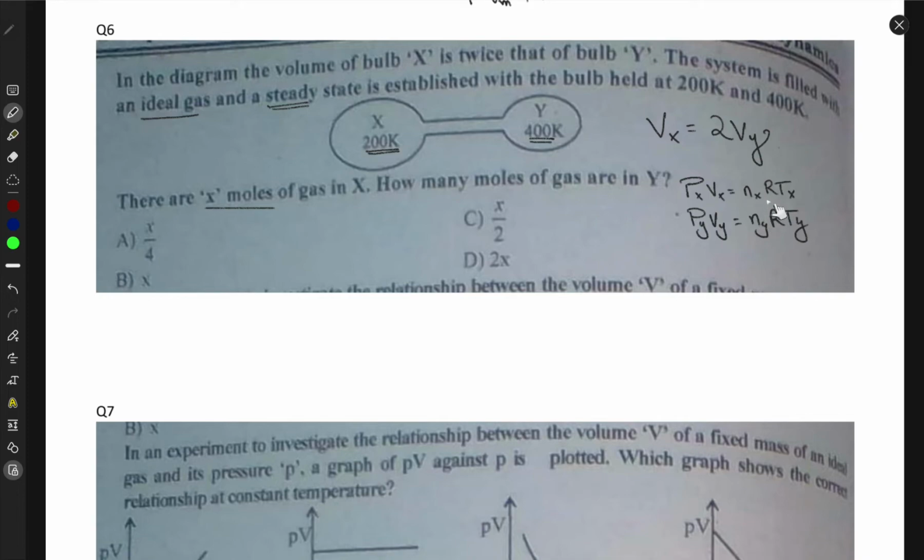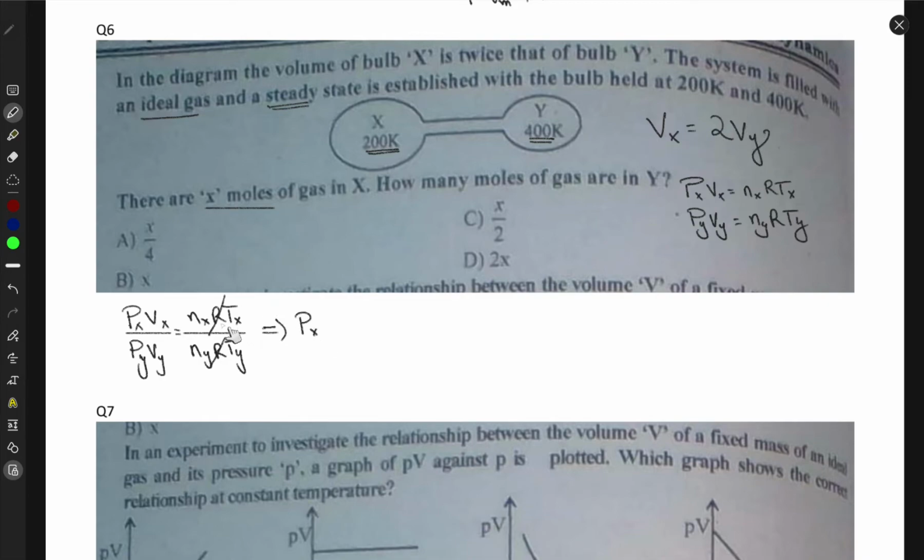Now to compare these two, let's divide them. Px Vx divided by Py Vy is equal to Nx R Tx divided by Ny R Ty. If we're dividing these two, we can divide both sides, where R just cancels because it's the same. But remember, using some of the information, Vx is 2 times Vy.